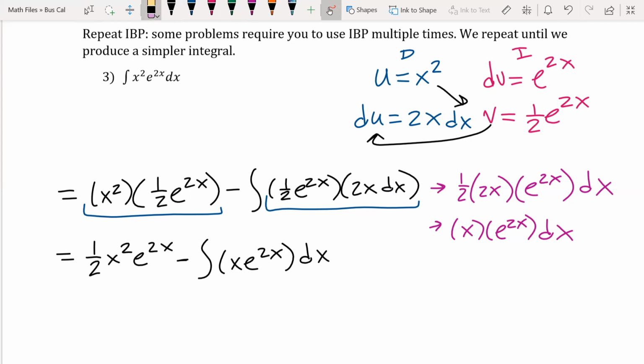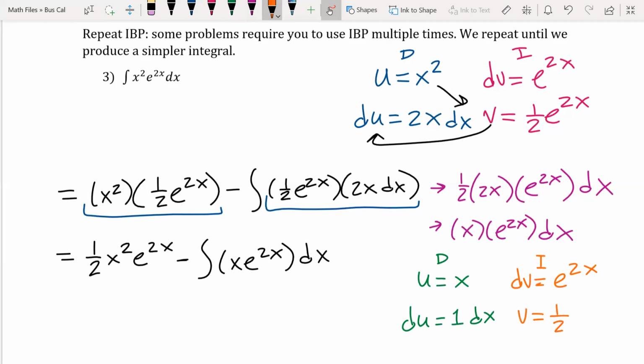So here, I'll choose different colors. Let's see. Green. u is going to be x, and then dv is going to be e to the 2x. Take the derivatives, du equals 1 dx. Remember, this is derivative and this is integrate, and v is going to be again 1/2 e to the 2x.